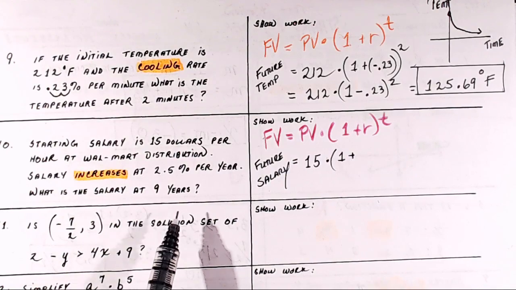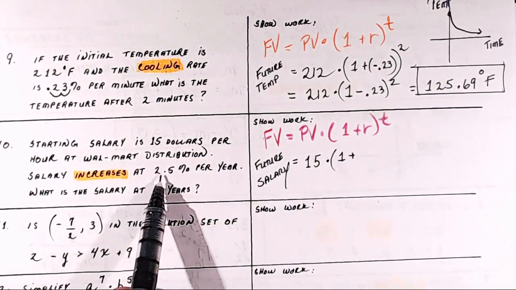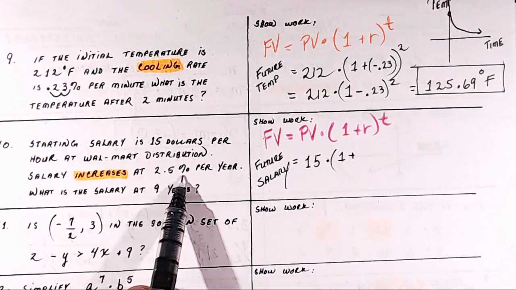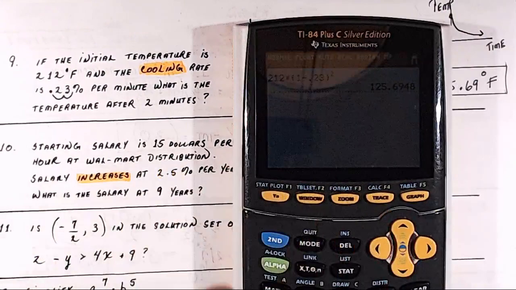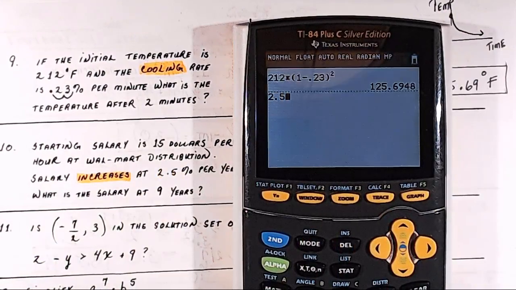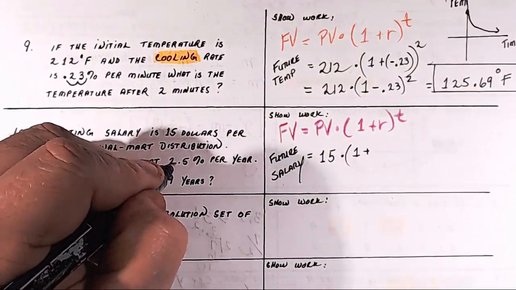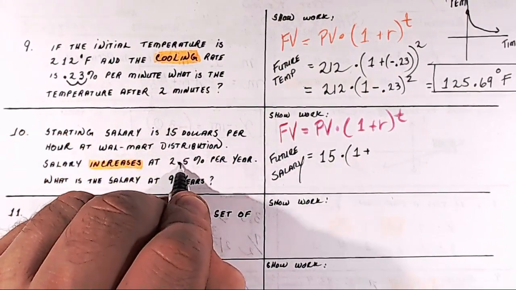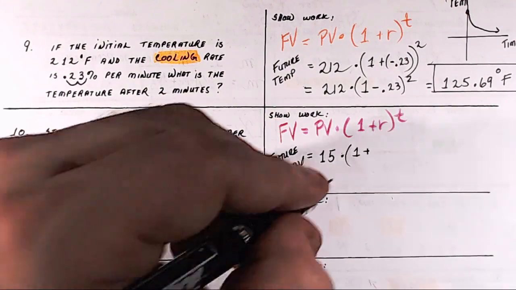Now I've got to figure out what to put for r. So r is going to be the growth rate as a decimal. So what is 2.5% as a decimal? Now I'm assuming that you know how to do this, but if you don't, you can put in 2.5 in your calculator and divide by 100. It gives you 0.025. The other thing you could do is put your pen on the decimal and move to the left 2 places, and you get 0.025.